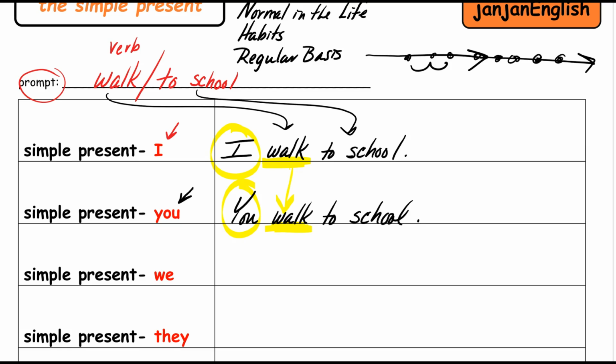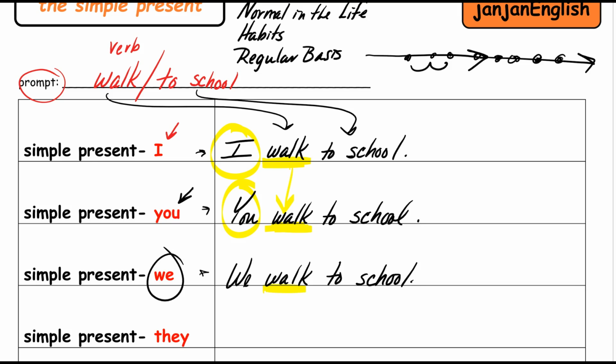After you, we have we. I, you, we. We, capital. We walk. Where do we walk? We walk to school. That's normal. That's regular. That's true. It's a habit for me every day. Okay?